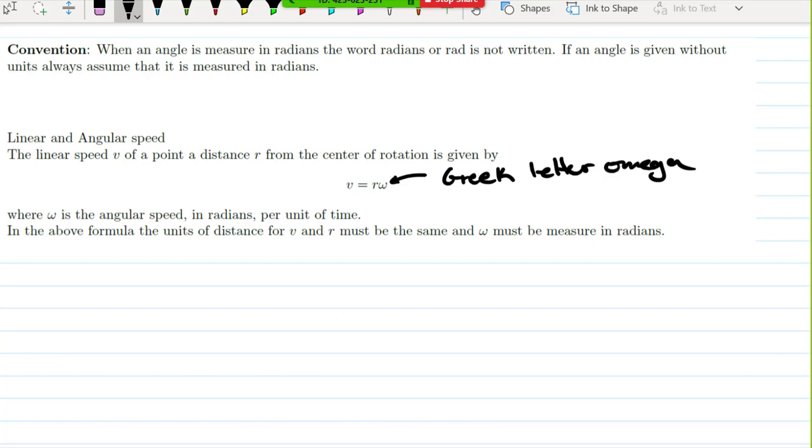In the above formula, the units of distance for v and r must be the same, and this is the more important part: omega has to be measured in radians. This formula is not valid unless omega is given in terms of radians. Oftentimes we'll be given these things not in terms of radians, and we're going to have to do some conversions to get it into radians before we can use the formula.